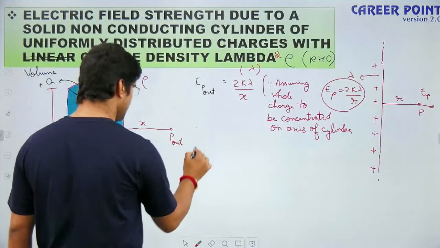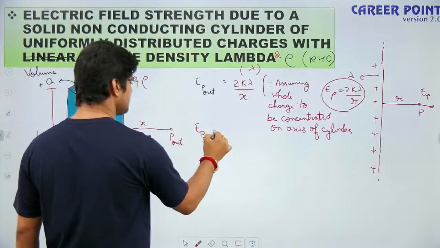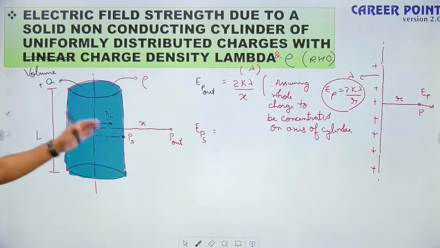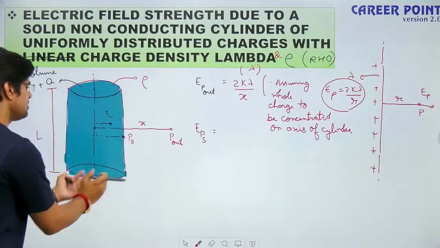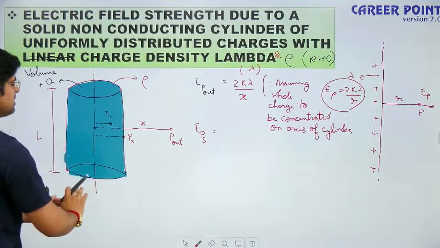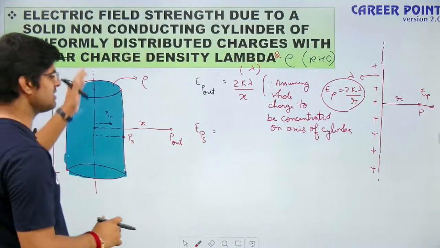If I have to find the electric field due to this cylinder at the surface point as well, the same story will be followed. I am assuming the whole charge present in the solid cylinder to be concentrated at the middle line, that is, at the axis of the cylinder.